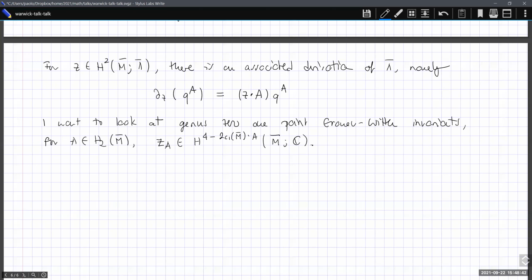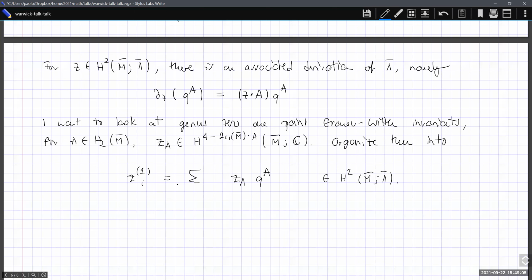And I want to look at those where this first Chern class dot A is equal to 1. So organize them into, say, Z upper 1. This is the sum over all Z_A Q to the A, an element of H2 of M bar.